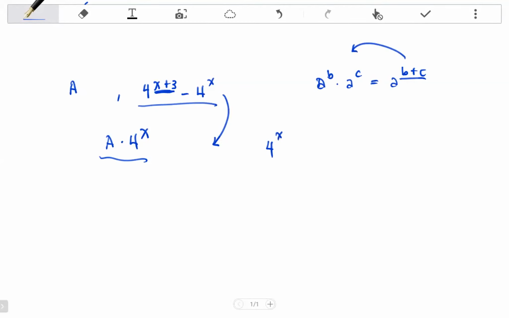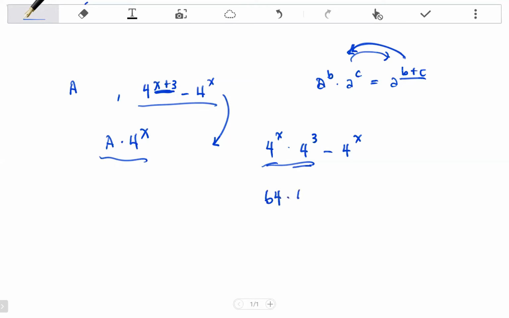So can we write this as 4 to the x and 4 to the 3 as 4 to the x? This is much easier to work with, right? So we went the opposite way around this time, and we rewrote it as 2 terms instead of usually going this way. So we can rewrite this as 2 terms, and 4 to the 3 is going to be 64.